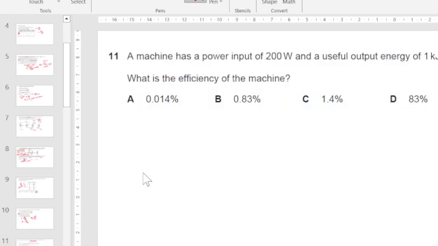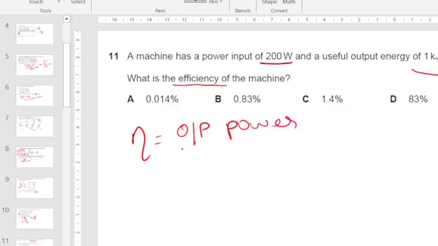And the 11th question states a machine has a power output given and the power input given. Output power I am supposed to calculate, and the given question is asking for efficiency. We know that the efficiency of a machine will be output power divided by input power.